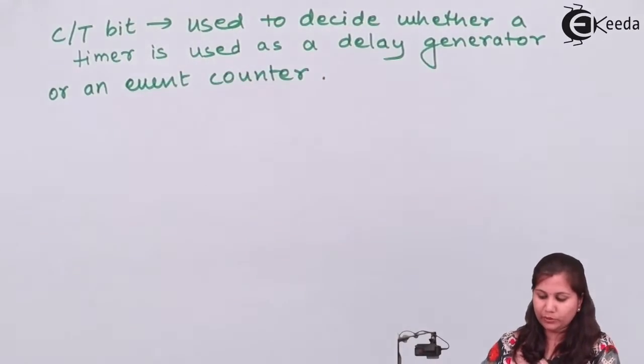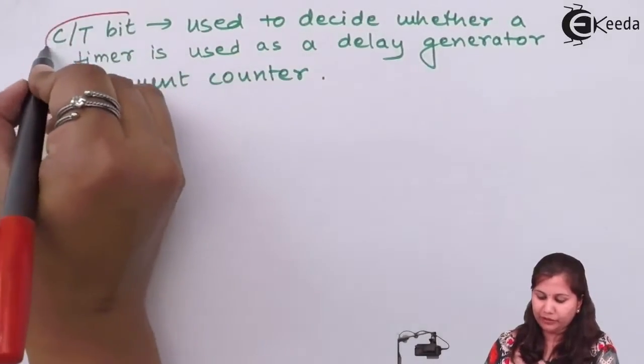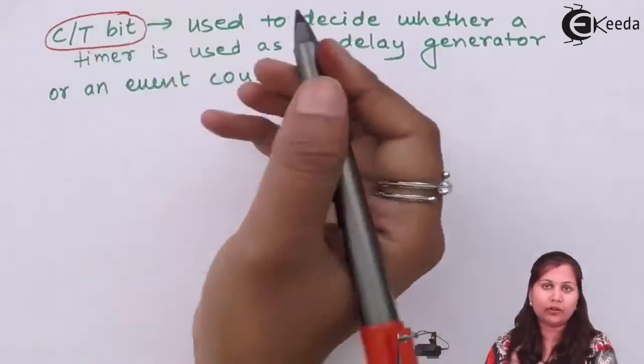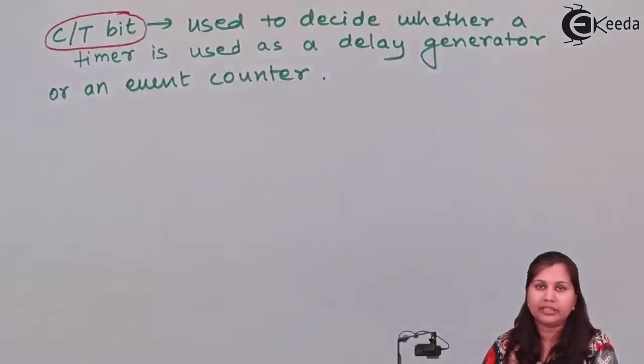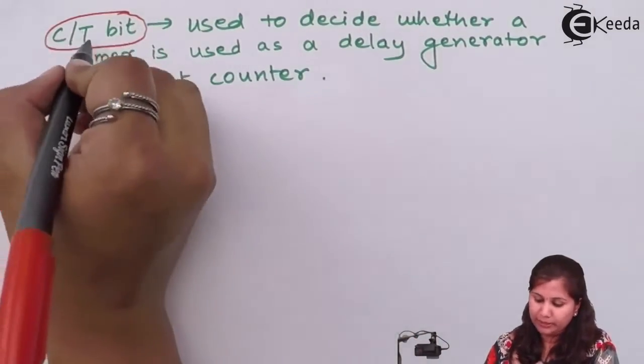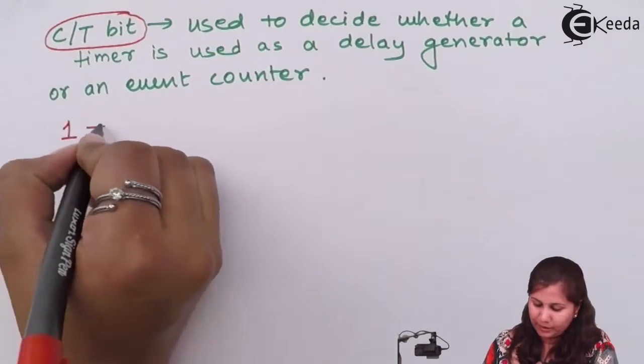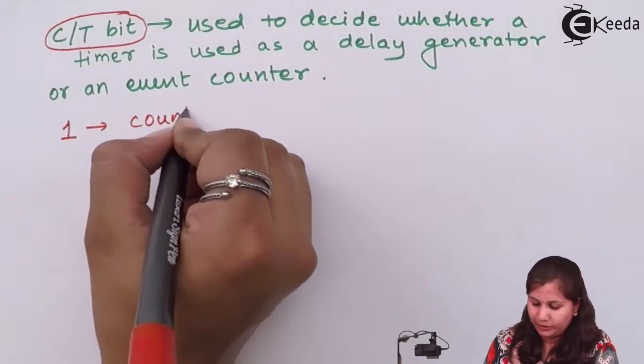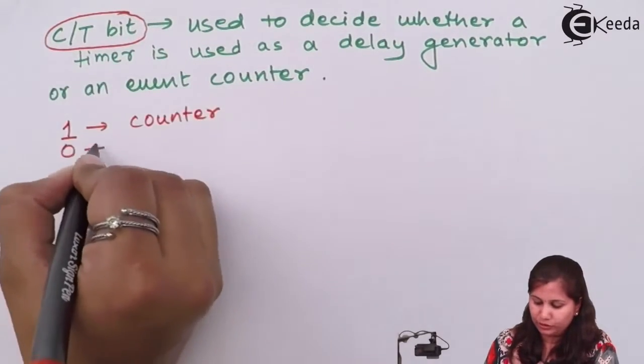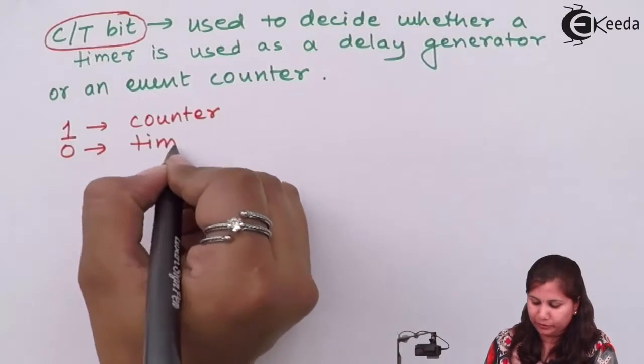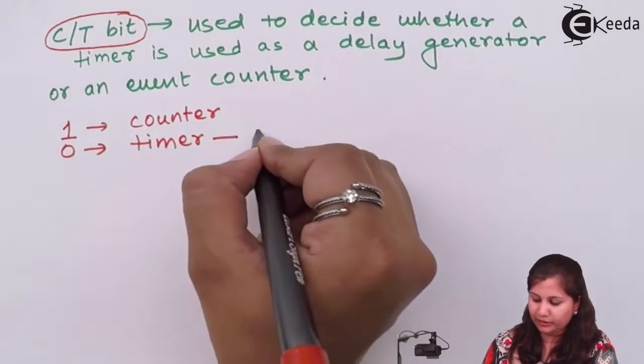So this bit is going to decide whether the timer will generate a delay or it will count the number of events. If this bit is 1, then it will act as a counter, and if it is 0, then it will act as a timer, meaning it will generate the delay.